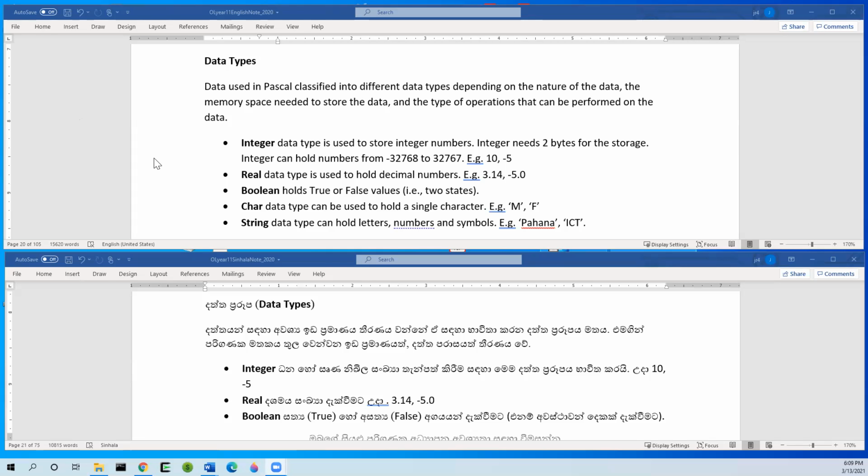So depending on the data type we selected, the amount of space you need is reserved in the memory. So if it is a whole number integer, we have to say in the very beginning that the data is integer. So the required space is reserved.